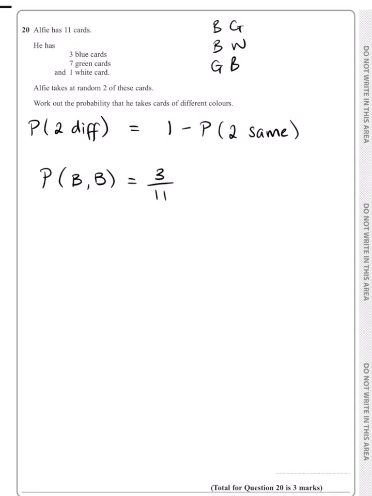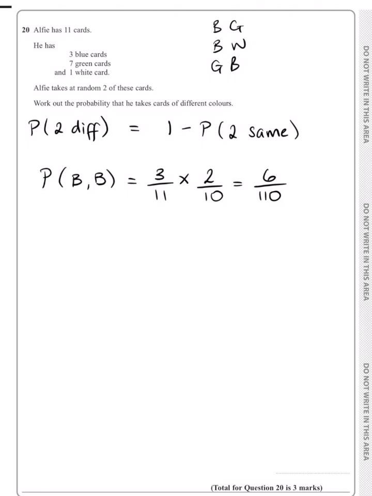If the first card was blue, there's now only 2 blue cards left. So I have 2 out of, and because we took 1 out, there's now 10 cards left. So the probability that we're going to get blue and blue is going to be this calculation here, which gives me 6. 3 times 2 is 6. 11 times 10 is 110. And I'm going to leave it as that fraction.